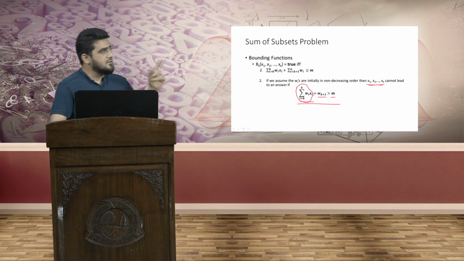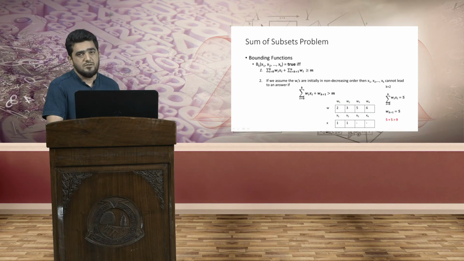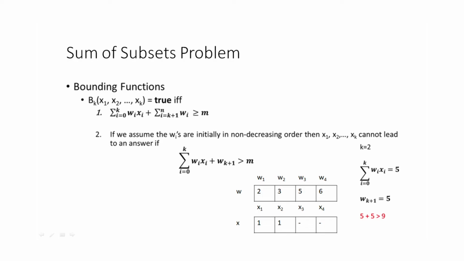Let's consider this example as shown on the screen. Now the weights here are changing. Earlier the first weight was 1, now it's changed to 2. So let's suppose the weights are 2, 3, 5 and 6, and the tuple we have partially generated is x1 equal to 1 and x2 equal to 1.